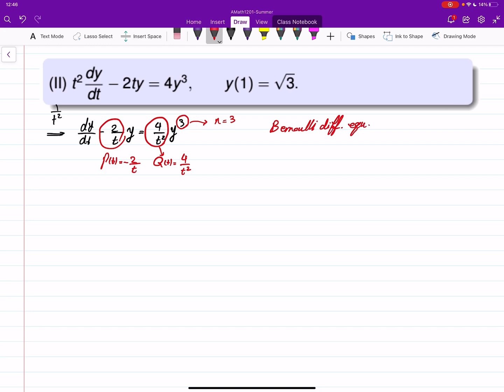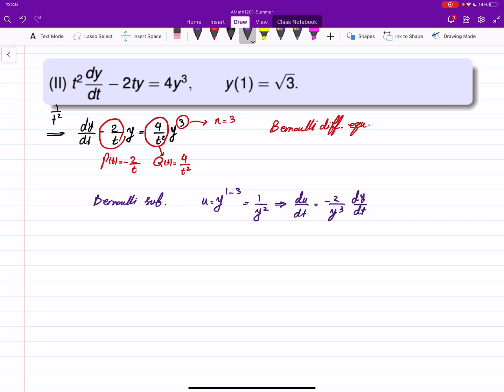And now I can apply the Bernoulli substitution. While here u is going to be y to the power 1 minus n, and that is this. Well, I will apply all these steps. So du/dt is going to be negative 2y to the power 3 dy/dt.